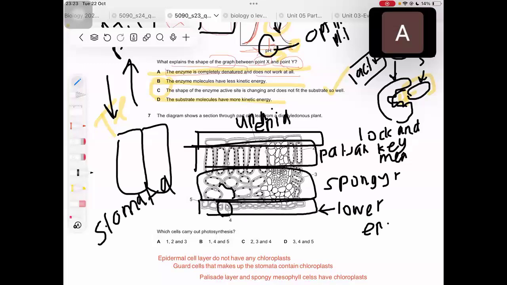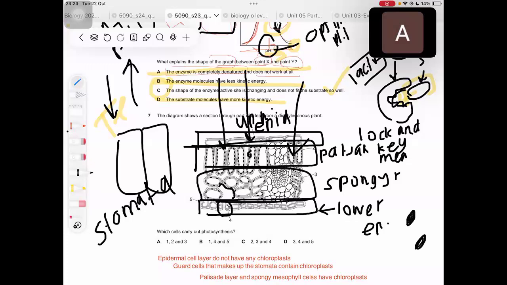The upper epidermis, that cell layer does not have any chloroplast. It allows light to directly fall onto the palisade layer, right? It doesn't have any chloroplast. But if you take cell number 2, you can visibly see the black dots, the black markings like this, and they are the ones which they have referred to as the chloroplast.